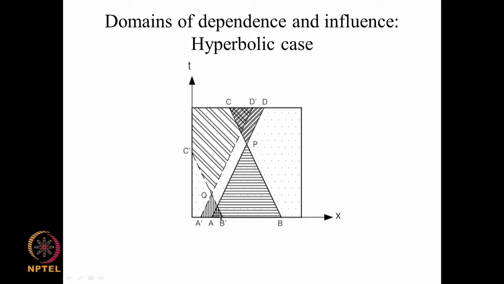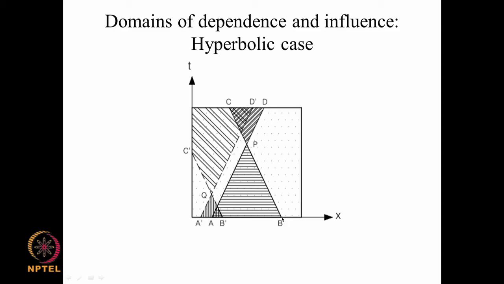Okay. And so, in that sense, if we have a solution scheme which expresses Q in terms of the solution at B, then it is wrong, because it should not depend as per this nature of the travelling wave type of solution.